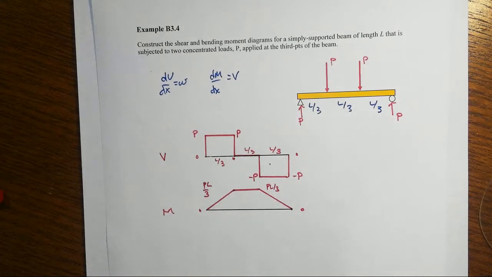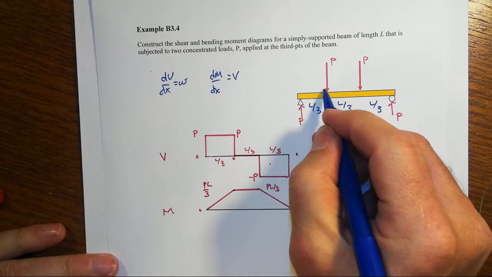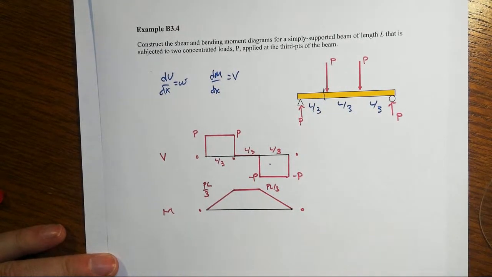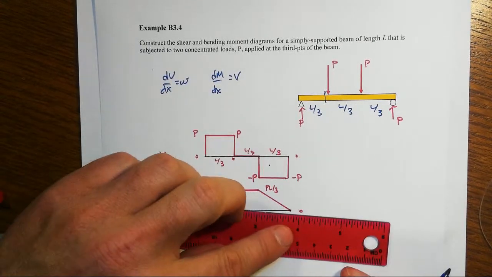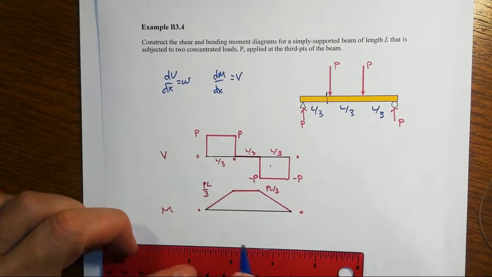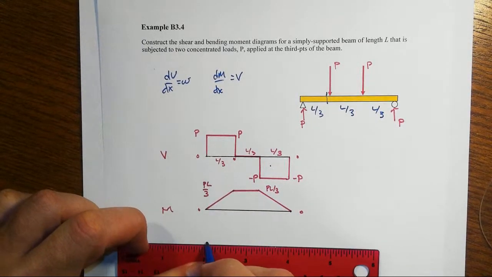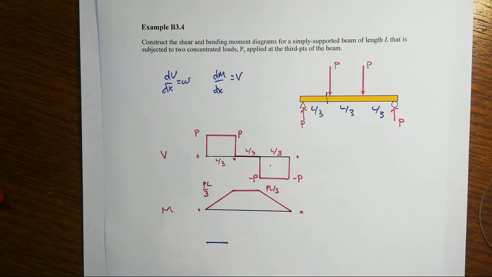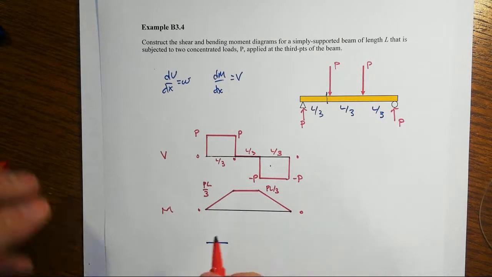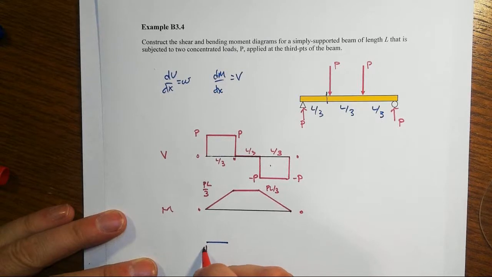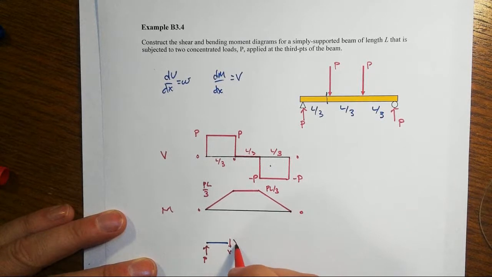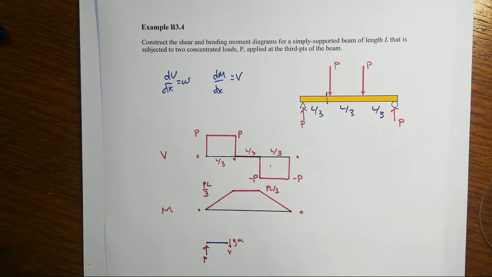I want you to not forget something really important here. Let's cut a free body diagram just to the left of that first concentrated load. Being just to the left, note what's going to happen. We have the reaction of P, we have the shear showing up here, and we have the bending moment showing up here.